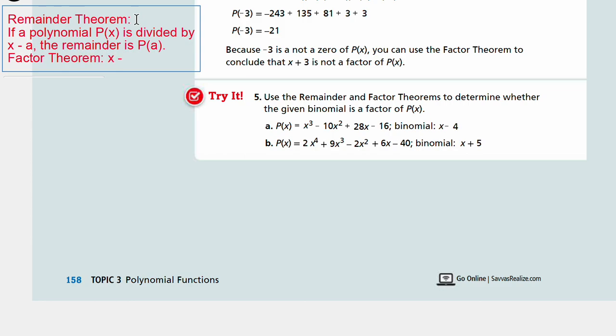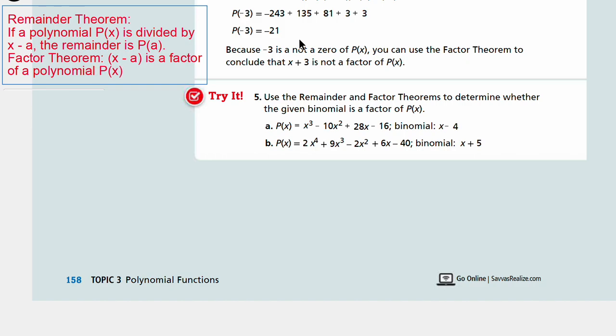The expression x minus a, in parentheses, is a factor of a polynomial p of x if and only if p of a is equal to 0.